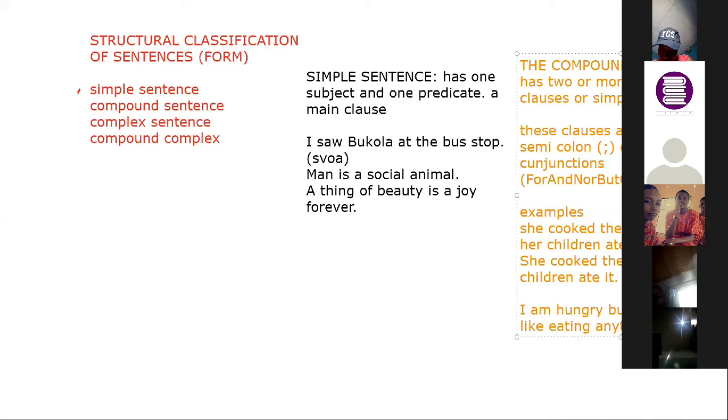Can we move on to the next one? Yes, sir. So we also have the complex sentence. I hope you guys can make different sentence types using this.